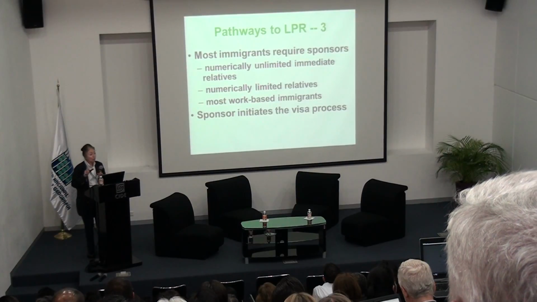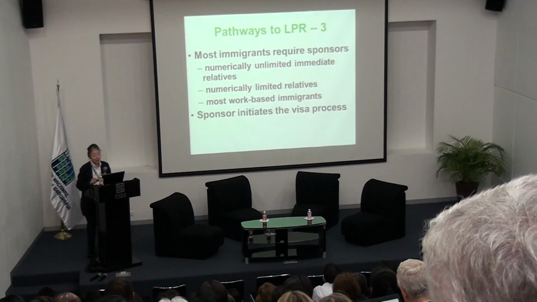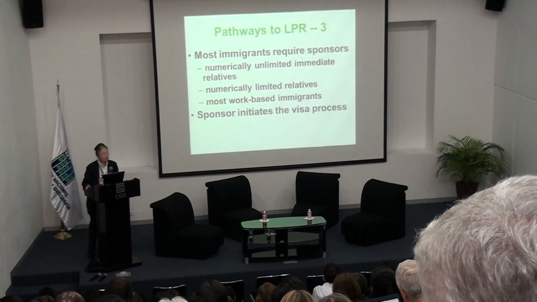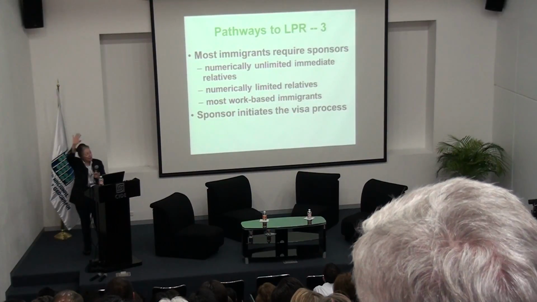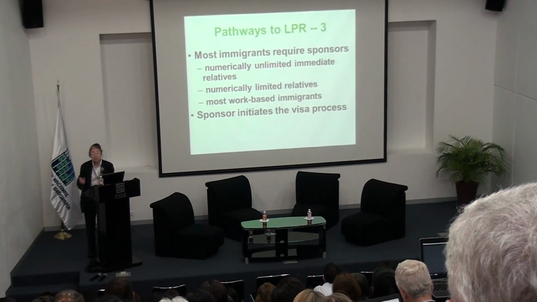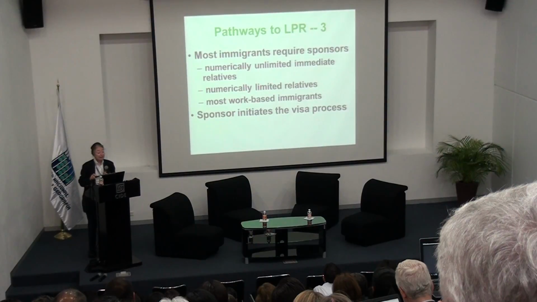Now, as also most of you here know, most immigrants in the U.S. require sponsors. So the minute we talk about the sponsor, we are incorporating a larger panorama of people who are vital actors in the migration process, even though they may not be migrants themselves.